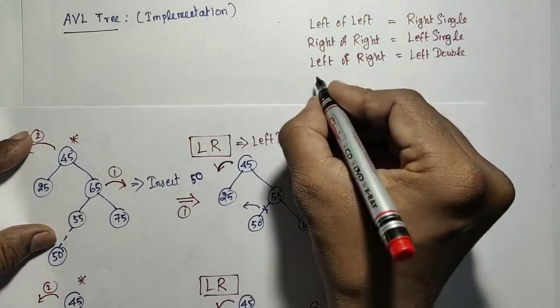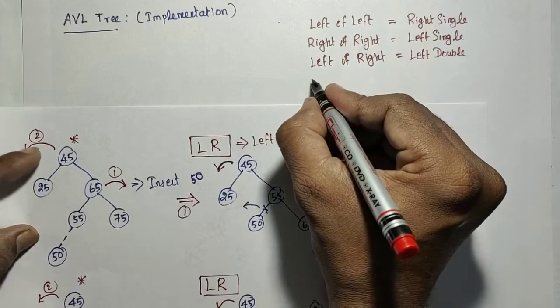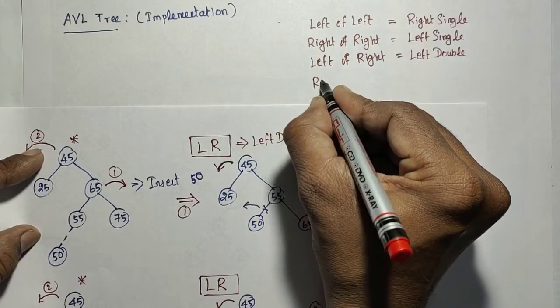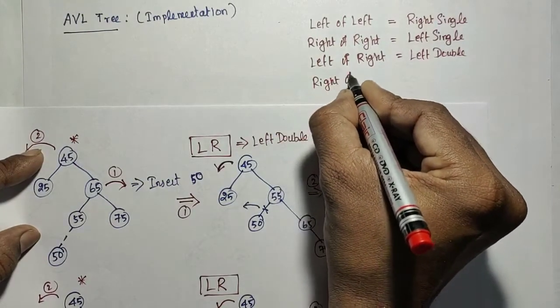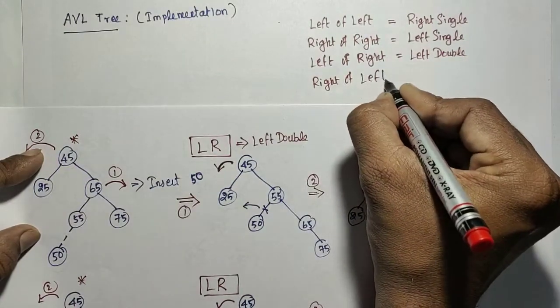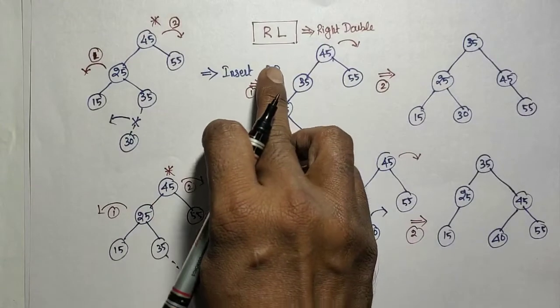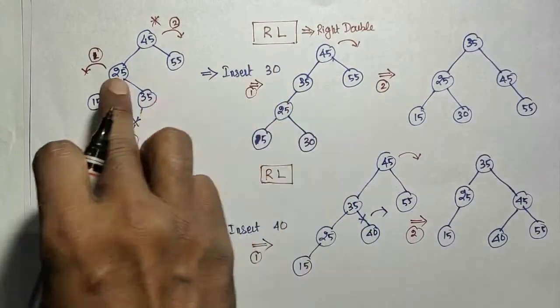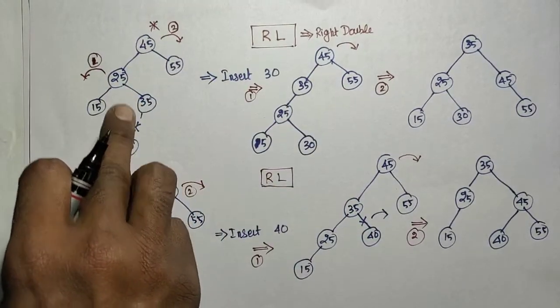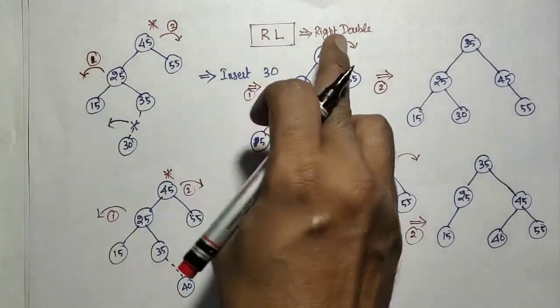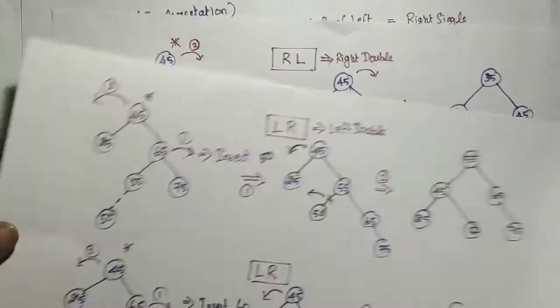Another one is right of left. Right of left means this is the right side of the left subtree. So two rotations. That action name is right double.